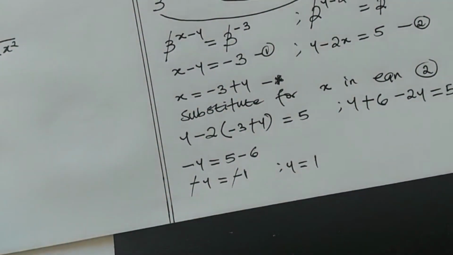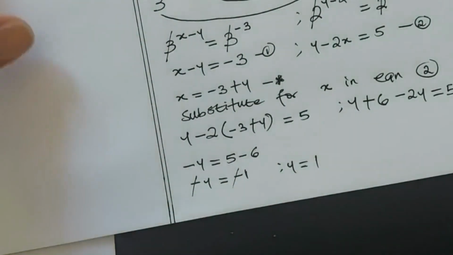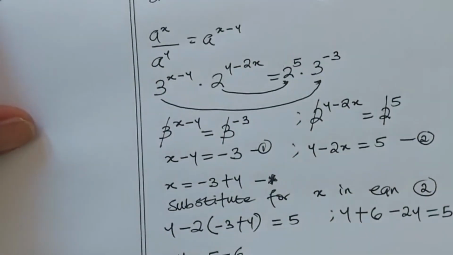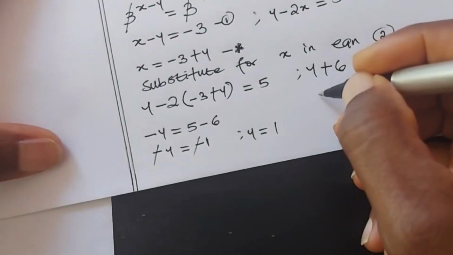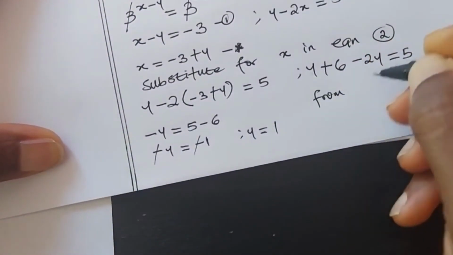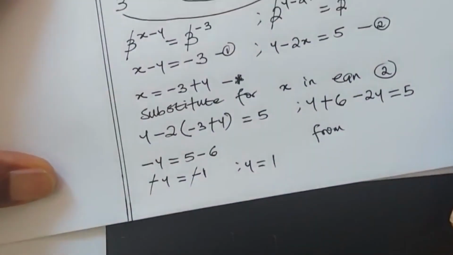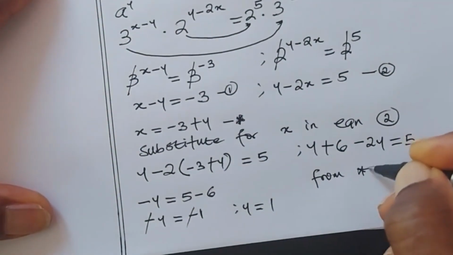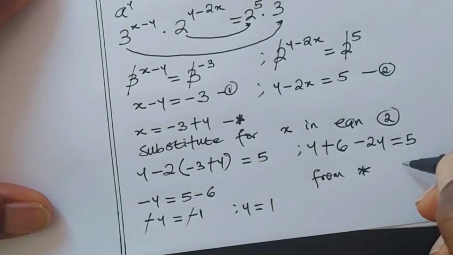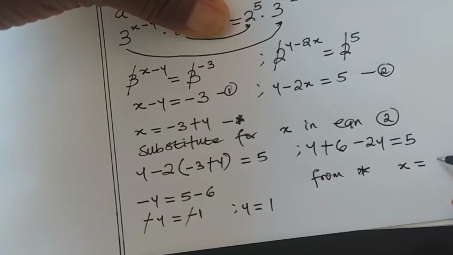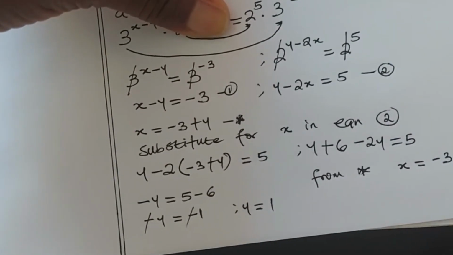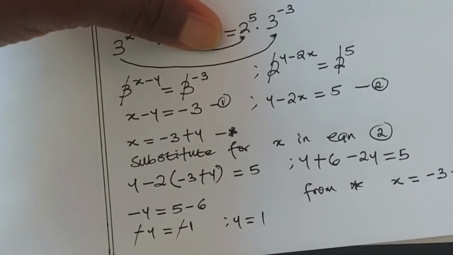But I need to get my x at the same time because I'm not done yet. So I need to get my x. So from equation asterisk, I can say that your x is equal to minus 3 plus y.